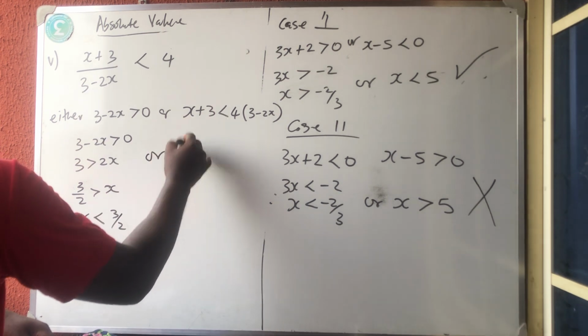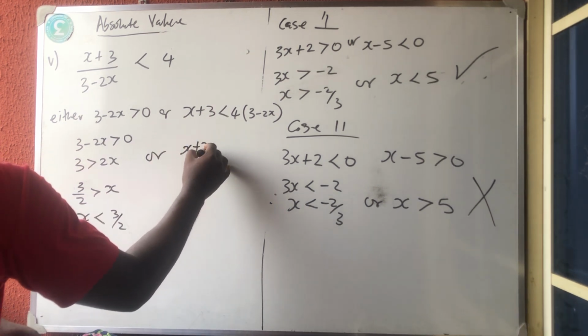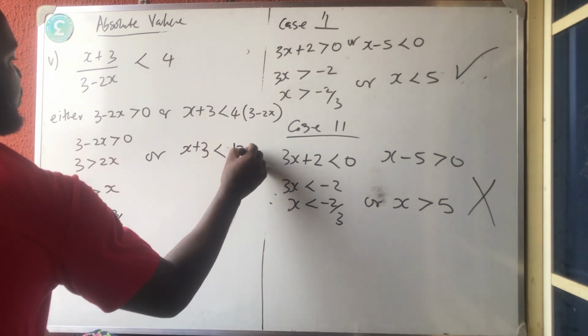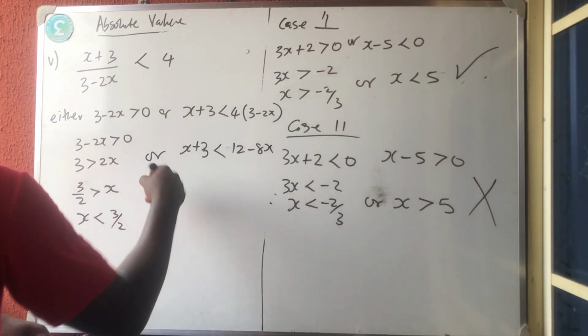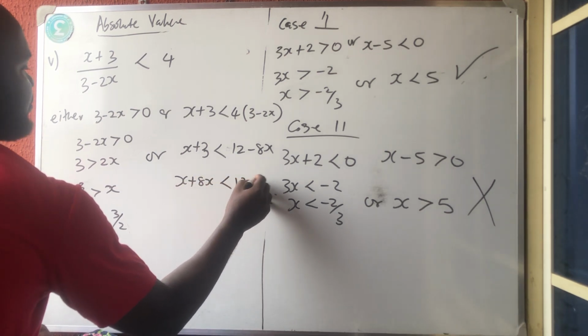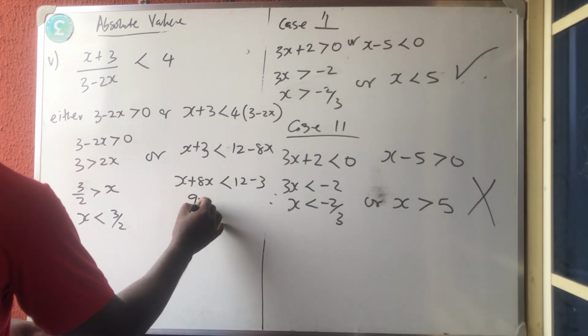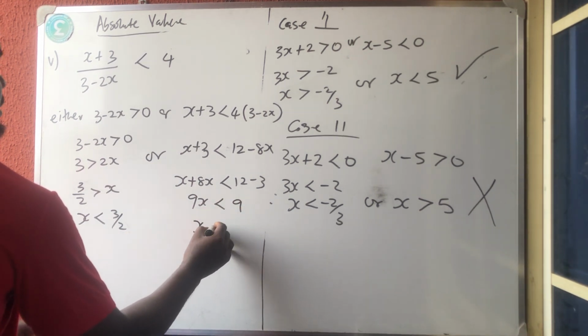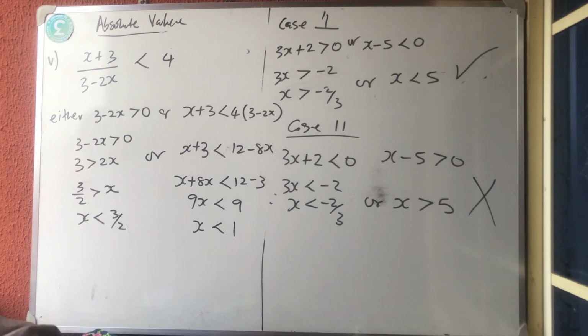Or let's do this. x plus 3 is less than 12 minus 8x. So this one coming, I'm having x plus 8x is less than 12 minus 3. So 9x is less than 9. So x is less than 1. Okay?